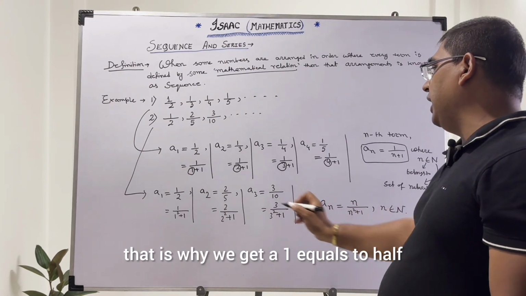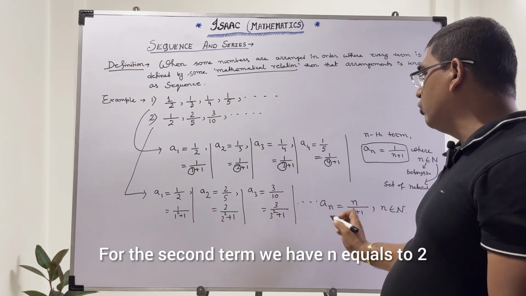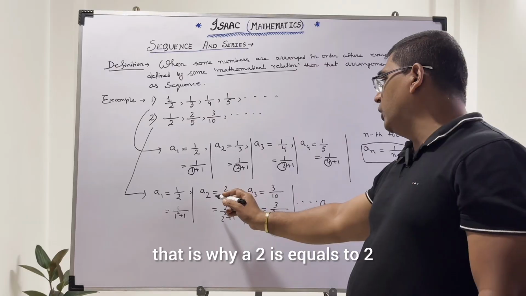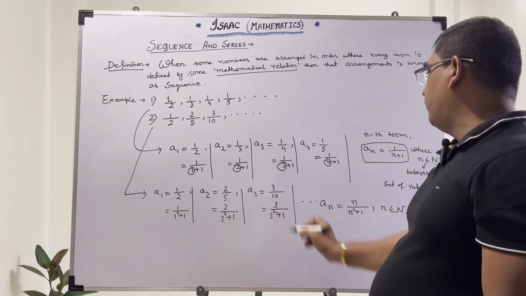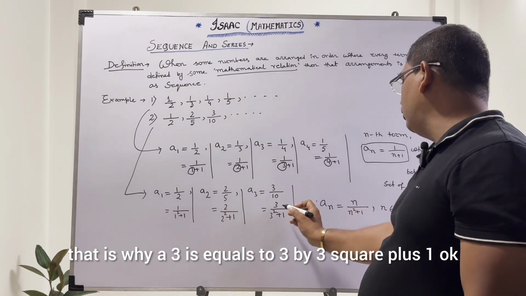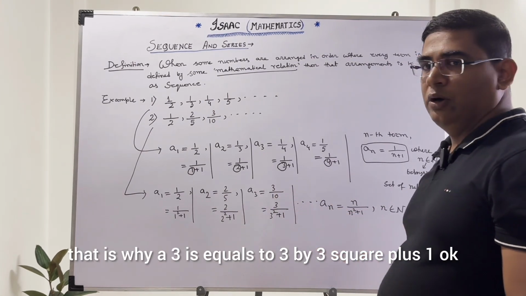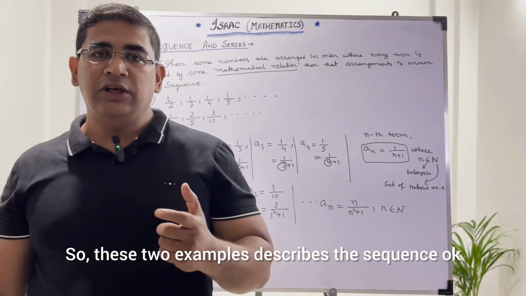That is why we get a1 equals half. For the second term, we have n equals 2. That is why a2 is equal to 2/(2 squared plus 1). For the third term, n is equal to 3. That is why a3 is equal to 3/(3 squared plus 1). Okay. So, these two examples describe the sequence.